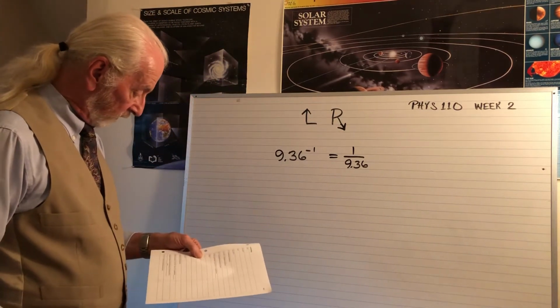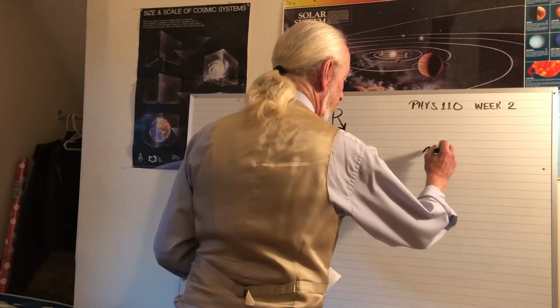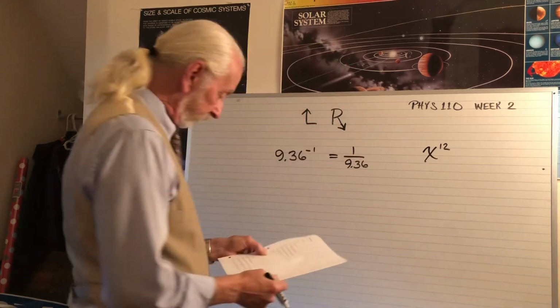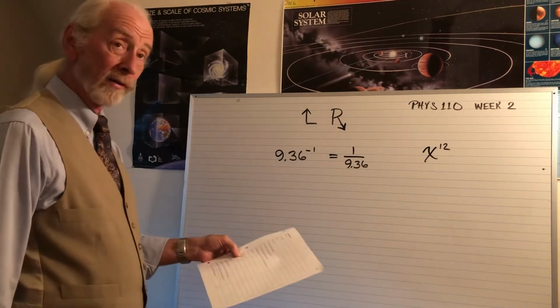Next one is x to the 5th times x to the 7th. The answer to that would be x to the 12th. y to the 6th divided by y to the 4th.